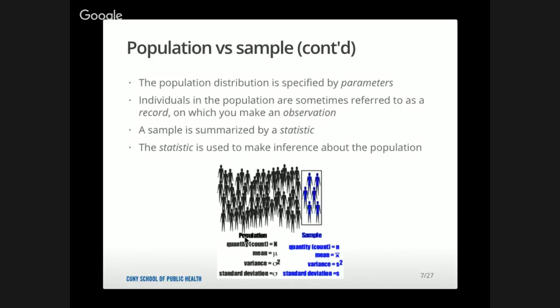We use the Greek letters, mu and sigma for the population, and Roman letters for the sample. And this goes for other distributions as well, whether it is Poisson or whatever else. This is a very common convention to use.